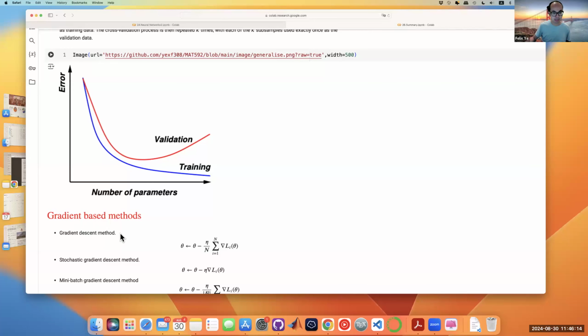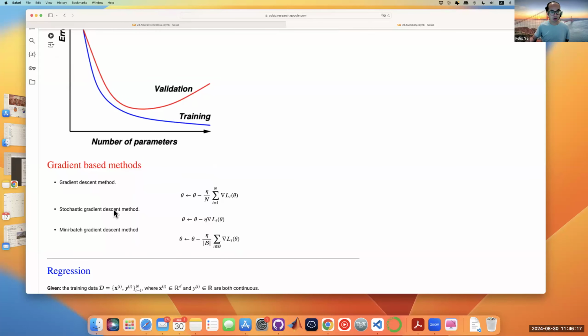We have gradient descent, stochastic gradient descent, and mini-batch gradient descent. The difference is that for gradient descent, we calculate the full gradient on the whole data set and update theta accordingly. This is the gradient with respect to the total loss.